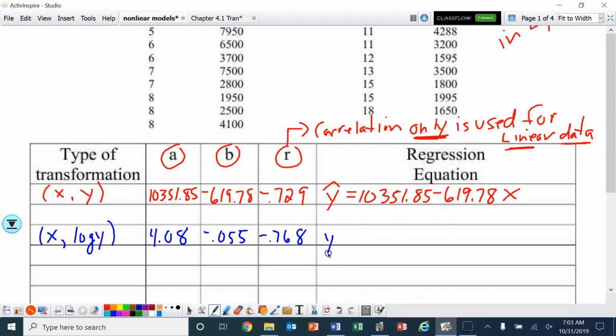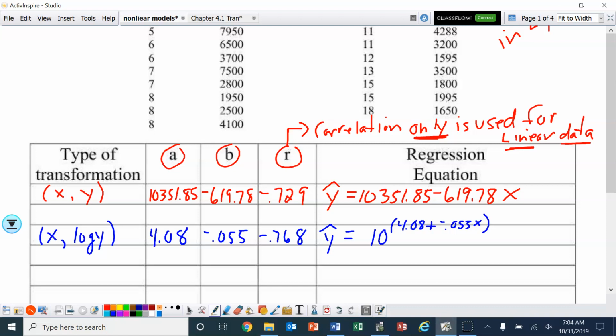So we're going to write y hat equals 10 to the power of 4.08 plus negative 0.055x. Close it. Now, if you use an old calculator, you must use parentheses. Old calculators, you have to use parentheses when you do that.